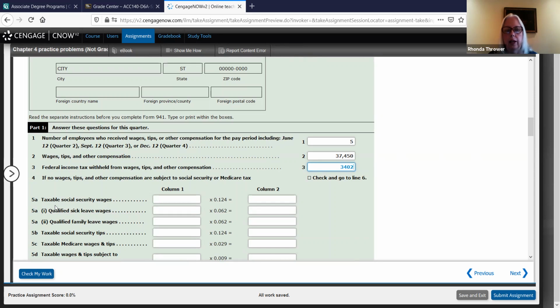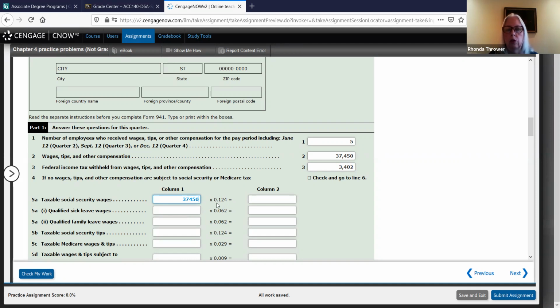In line 5A, we want to know the Social Security wages that are taxable, and that would be the entire amount. Nobody went over the ceiling for this company. Then we're going to multiply it by twice the OASDI rate, and twice 6.2% gives you 0.124.